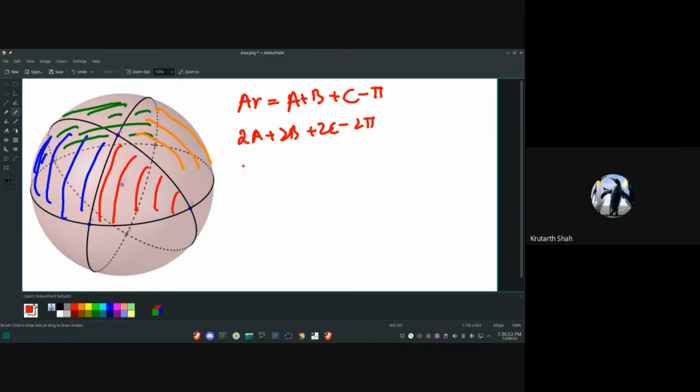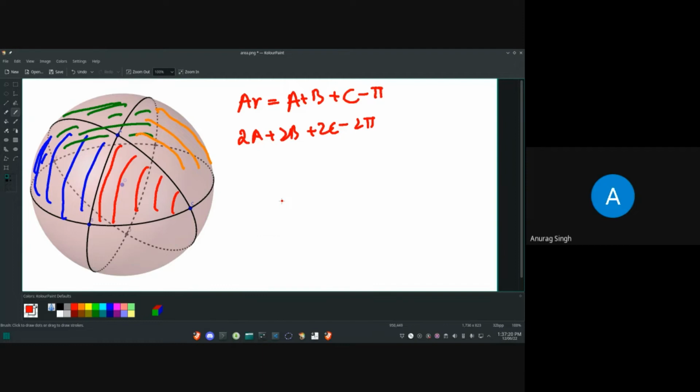So I generalize this: we have 2A plus 2B plus 2C, which is just twice the sum of all the angles. And 2 pi will be, if there is some triangle ABC, you can see there exists some triangle DEF which is opposite to it and has equal area. Yes, the antipodal triangle.